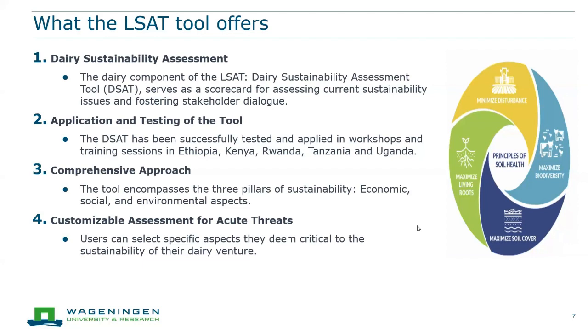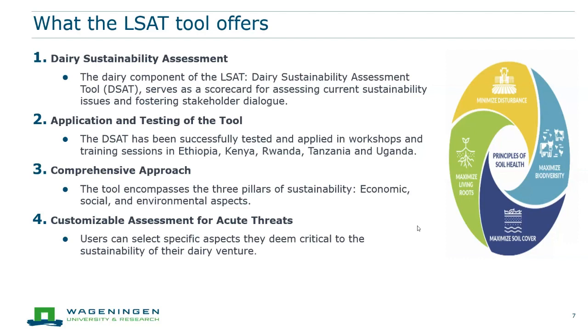The tool has already been tested. It has been tested in a number of workshops in various countries in East Africa, and it is a very comprehensive approach. We mentioned the three pillars of sustainability, and all the pillars are incorporated in the tool.